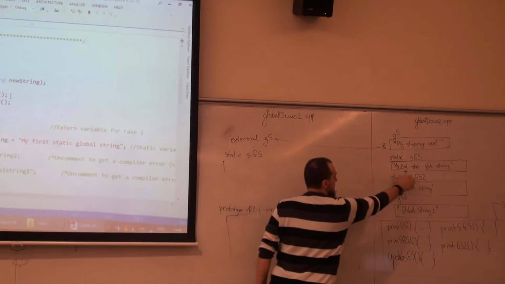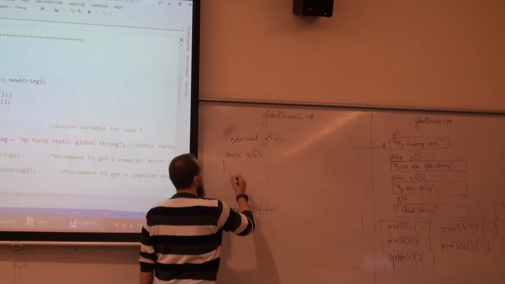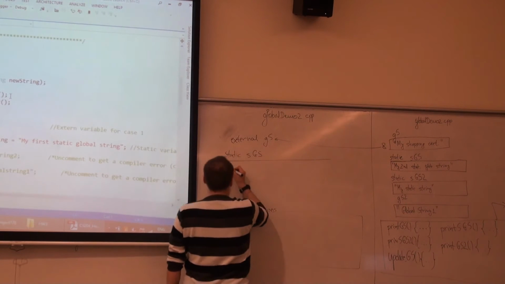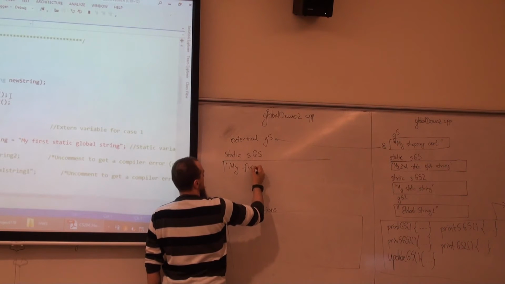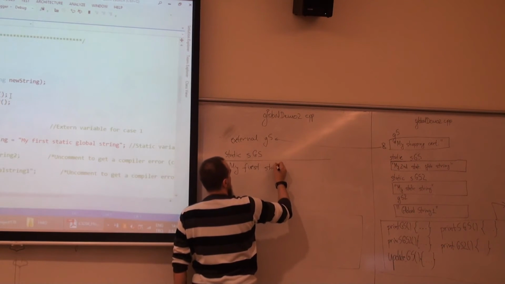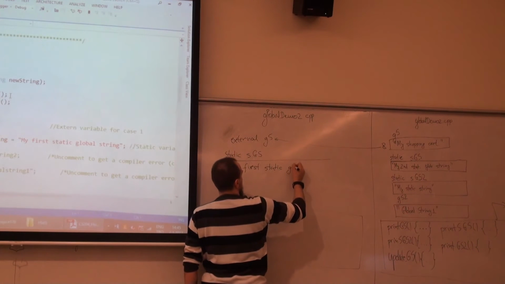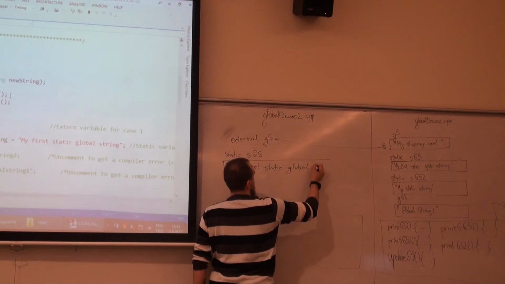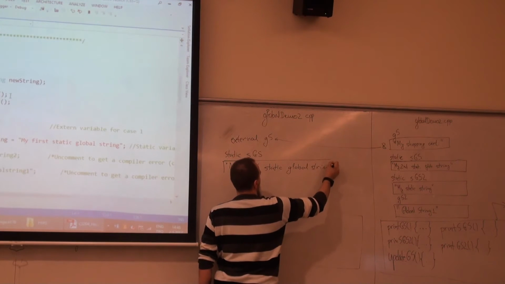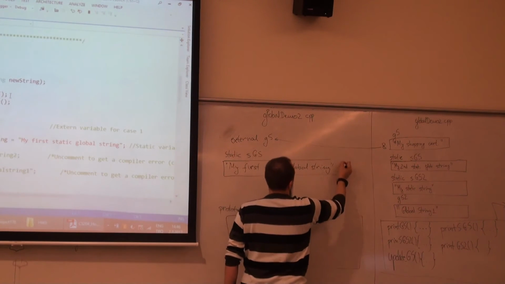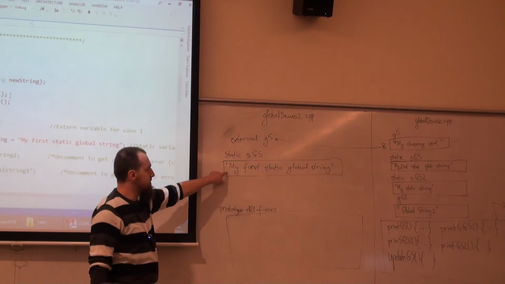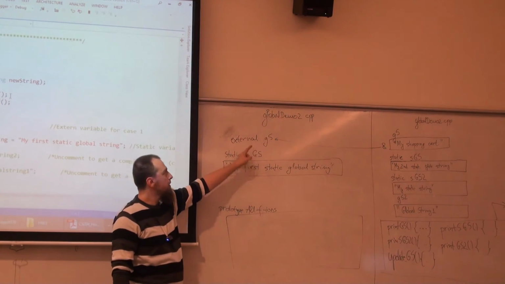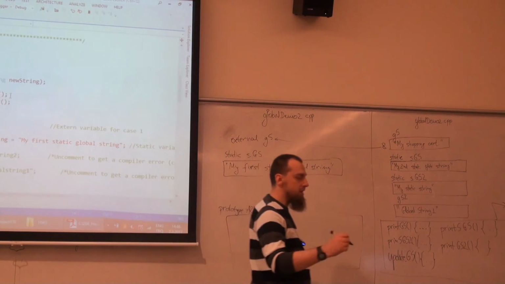That's why this one is my second static global string. We have memory for the static global string here, but not for the external. Now let's see what is happening.